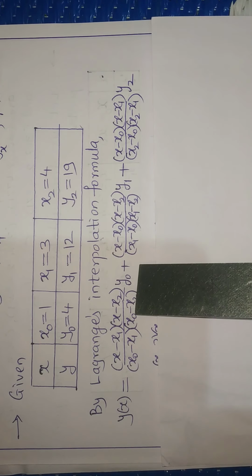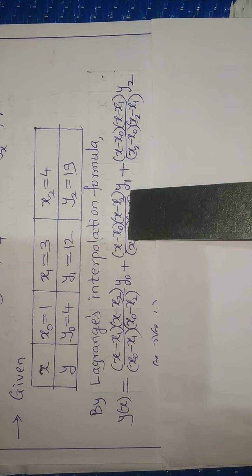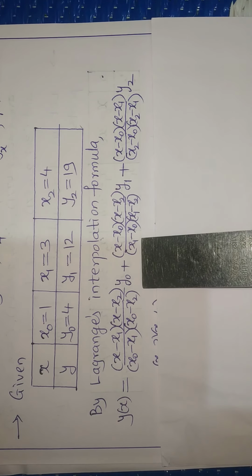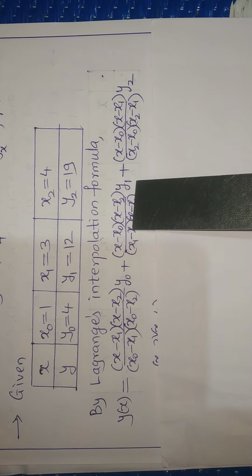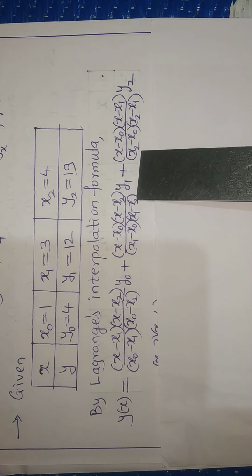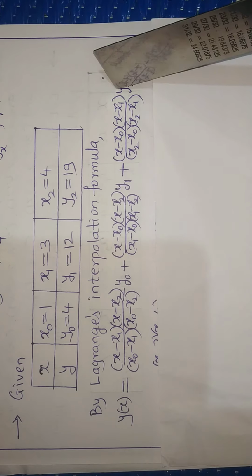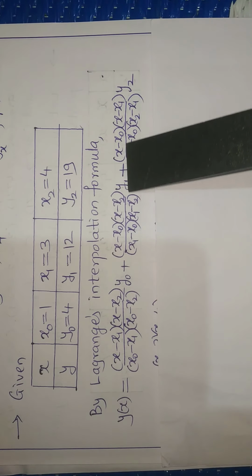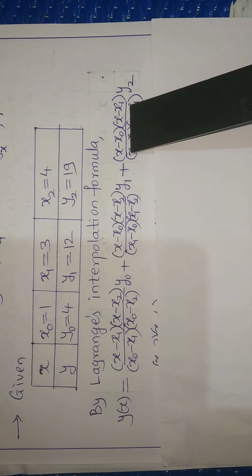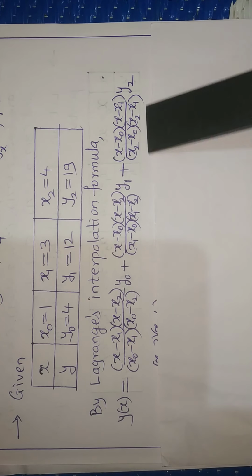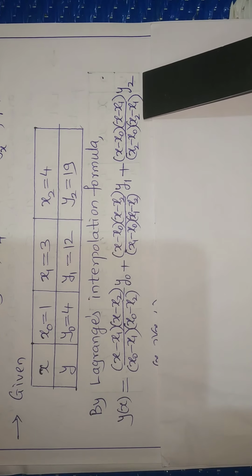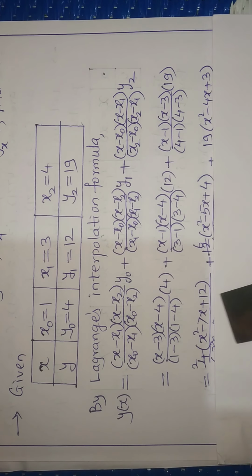Plus, in the second term we are skipping x1, so it is x minus x0 into x minus x2 upon x1 minus x0 into x1 minus x2 multiplied by y1, and plus here we will skip the third point, that is x2. So what we have is x minus x0 into x minus x1 upon x2 minus x0 into x2 minus x1 multiplied by y2. Let us substitute the values.